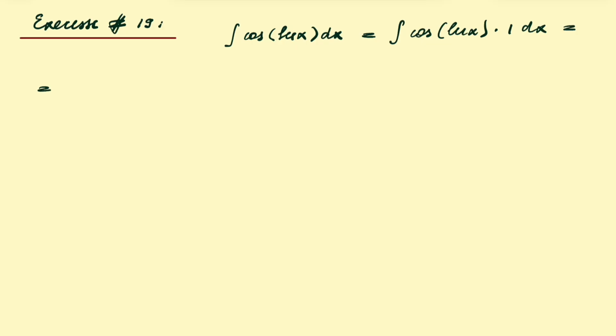So we'll take cosine of ln of x and 1 times dx. In our case, we have u as, of course, cosine of ln of x as the function we will differentiate, because we cannot find directly its antiderivative. So it's wise to use it as function u.